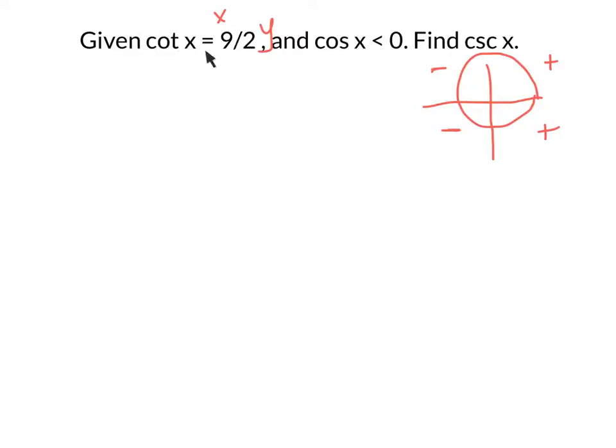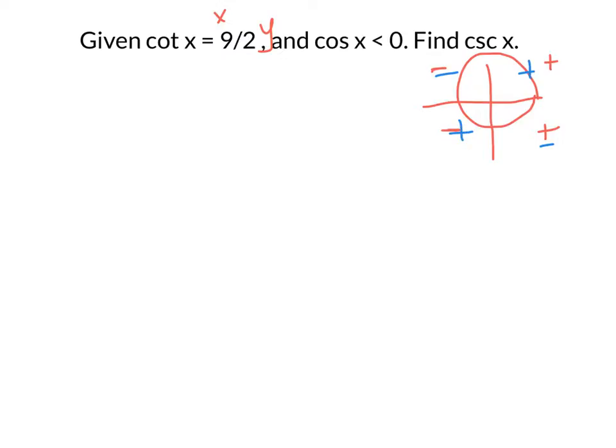But if you'll notice, the cotangent is also a positive value. So cotangent is positive here, and then negative here, and positive here, and negative there, because cotangent is an x and a y. So up here in the second quadrant, you have a negative x and a positive y, which means you have a negative cotangent and negative tangent. In the third quadrant, we have a negative x and a negative y, which means we have a positive cotangent.